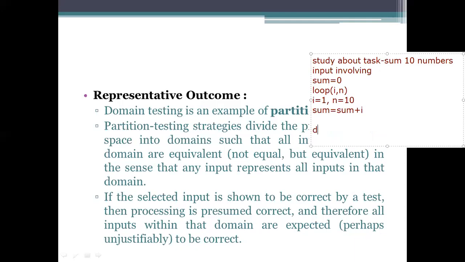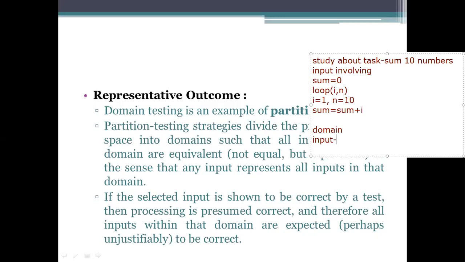So what domains do I have to take? We need to provide the domains here, dividing the space of the domains. Sum is an output, so there is no need to provide a domain for the output.